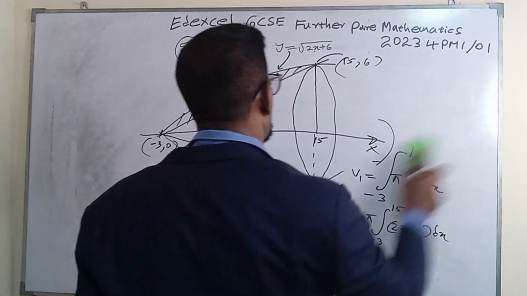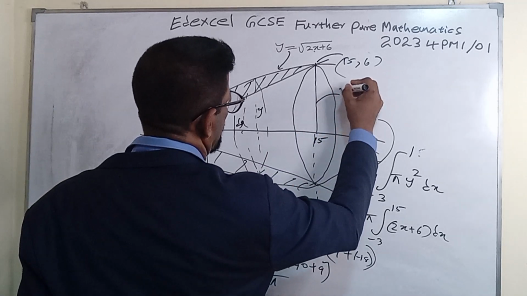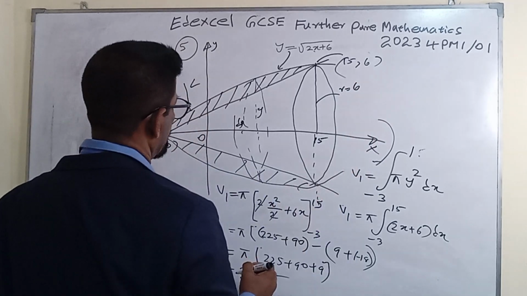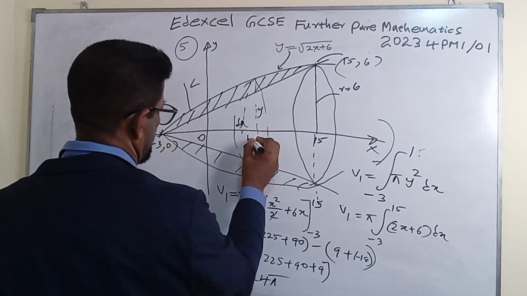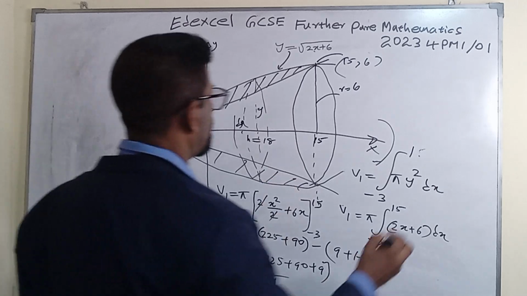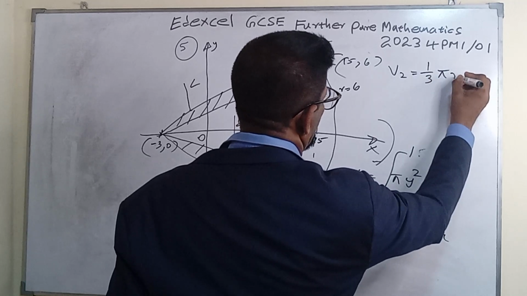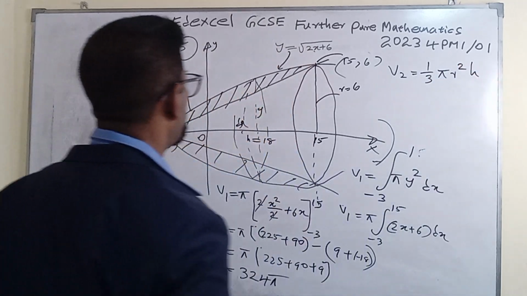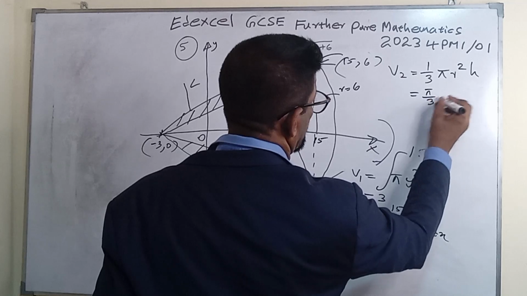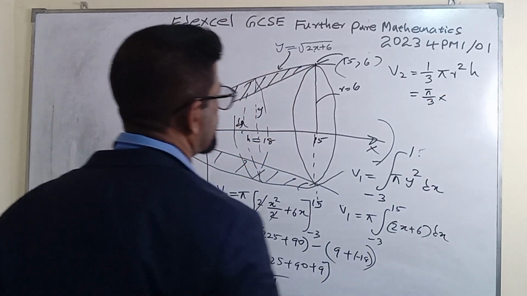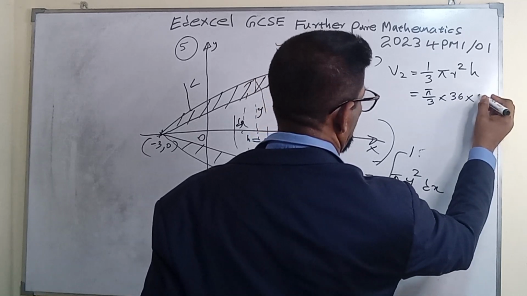Now the inside cone has radius 6 and height H equal to 15 plus 3, magnitude 18. So the cone volume V2 is one over 3 pi R squared H. So pi over 3 times the radius squared 36 times height 18.